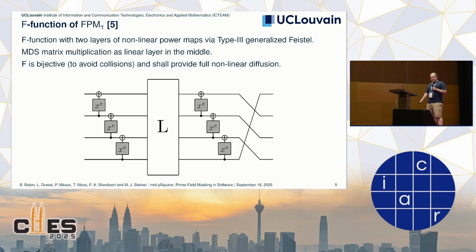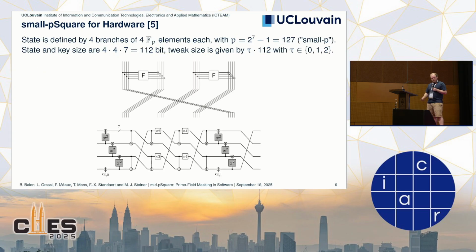The F function itself is defined as a type 3 generalized Feistel. So two power maps as type 3 generalized Feistel, one at the beginning, one at the end, with an MDS matrix multiplication in the middle. And the goal is to have this bijectivity and full nonlinear diffusion. And you can choose the MDS matrix and the power map depending on your implementation constraints.